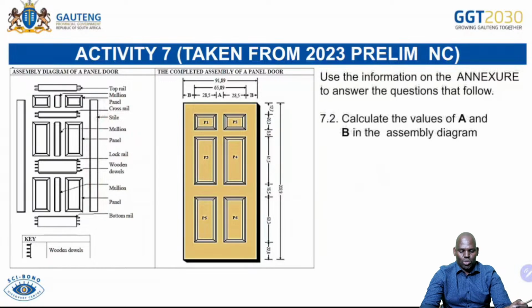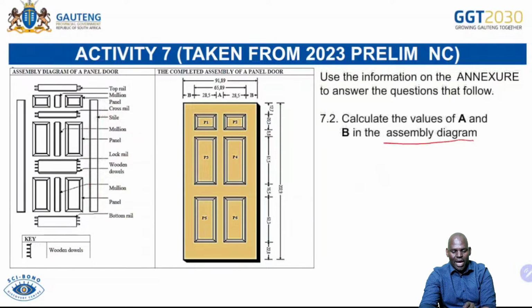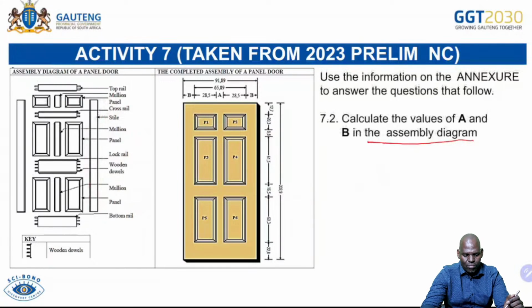Then number 7.2, calculate the values of A and B in the assembly diagram.